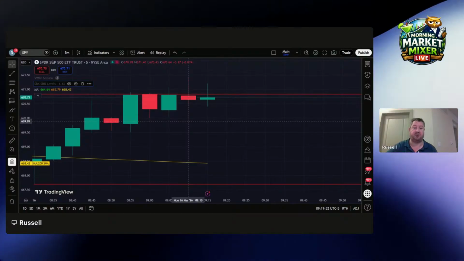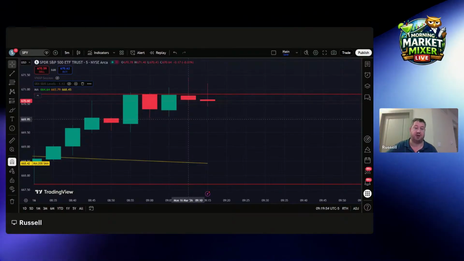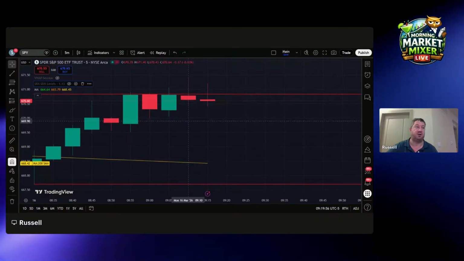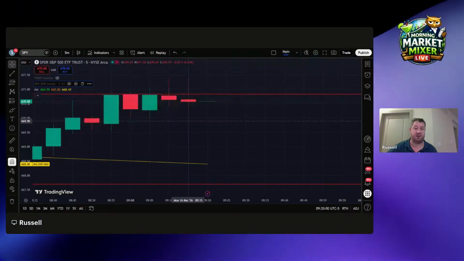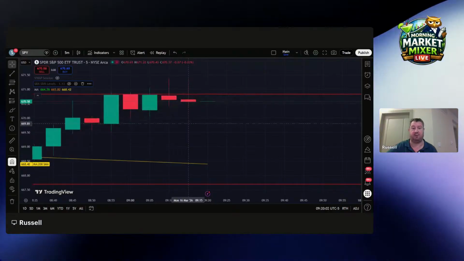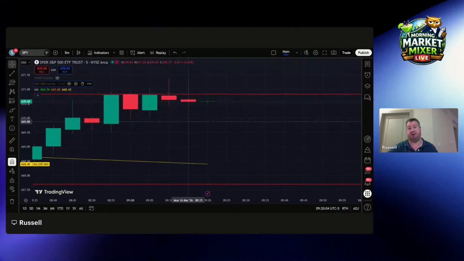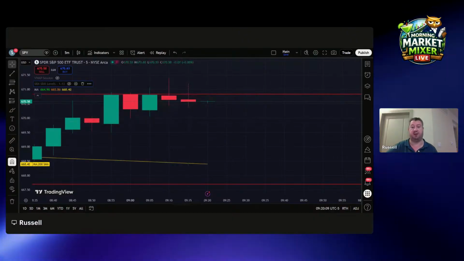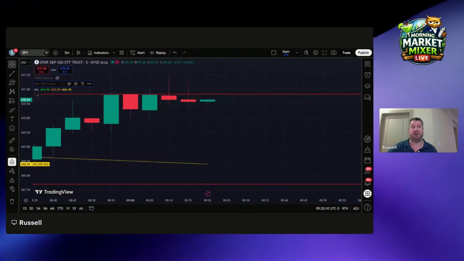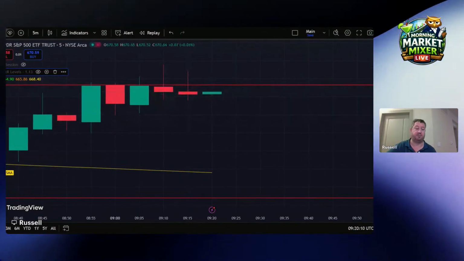So the sellers are stepping in there, pushing that back down. Okay, well, I think I'm going to leave that until we get a retest. So that might be in 10 minutes from now, might be in 5 minutes. I don't really know, but I'll probably wait for a retest on this going forward.